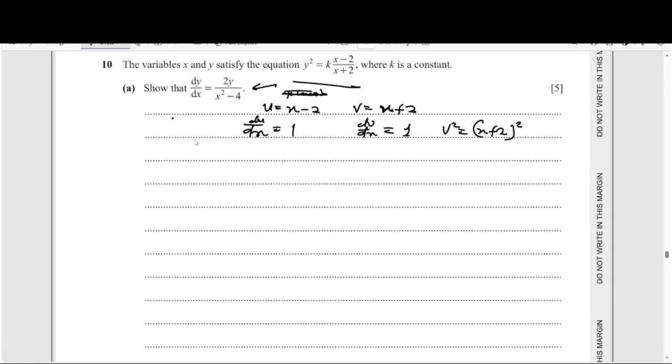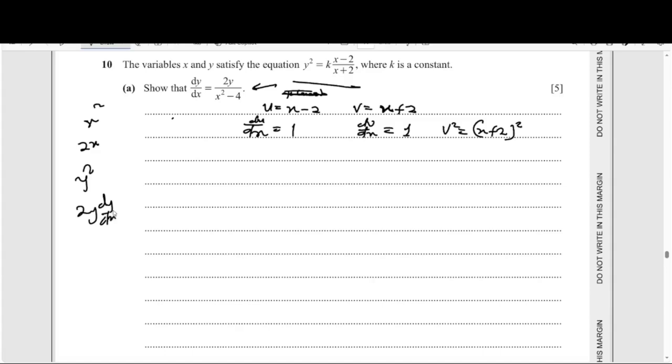So our differential, you go back to the question, you differentiate the left hand side. The differential of y is dy dx. The differential of y squared is done the same way as we do for x squared. So if you have x squared, its differential is 2x. But for y squared, it becomes 2y and then dy dx as well.